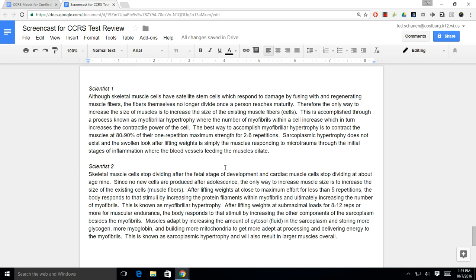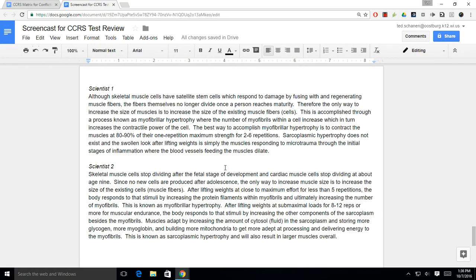Next question, EMI 302. The skill is determine which models present certain basic information. The way they frame these types of questions, the way I'll frame them, it'll say which scientists, if any, state that, and then it'll be a statement. So in EMI 302, the question I asked, which scientists, if any, state that low reps at maximum effort leads to sarcoplasmic hypertrophy.